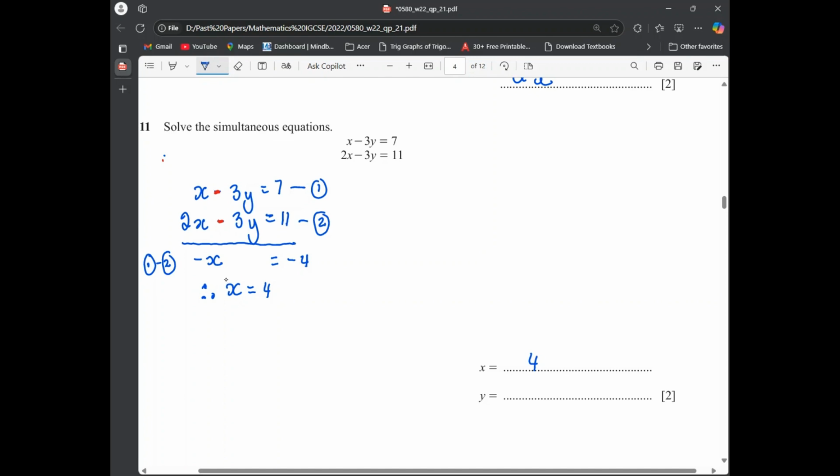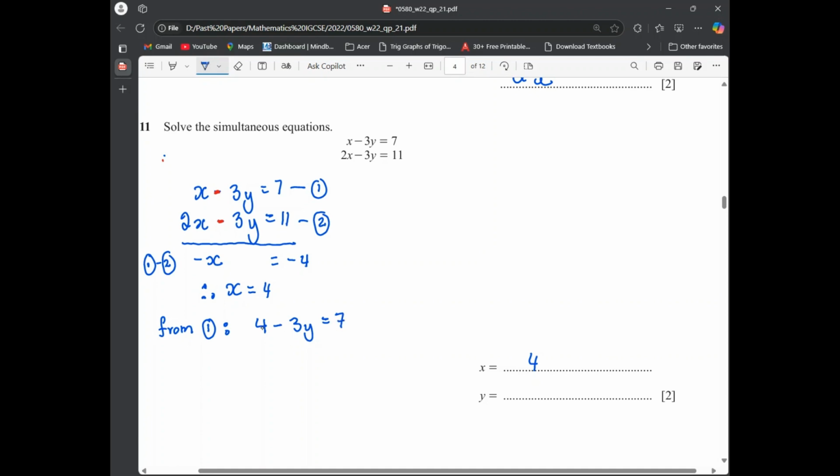To find my y value, I am going to substitute x equals 4 into an equation. It doesn't really matter; I'm going to choose equation 1. From equation 1, if I substitute x equals 4, I get 4 minus 3y equals 7.